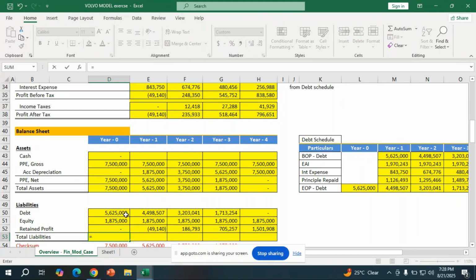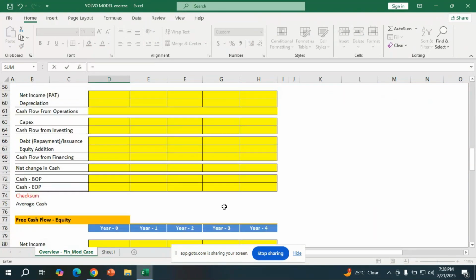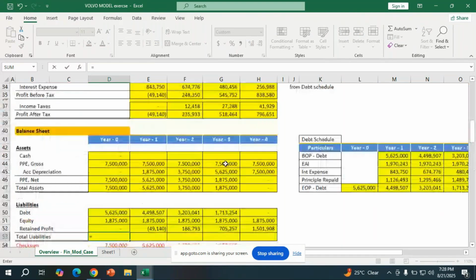But as of now, you can just put the sum, because after you finish your CFS and you get your end of the period cash, that will be put here, and then we can fill up all these details.